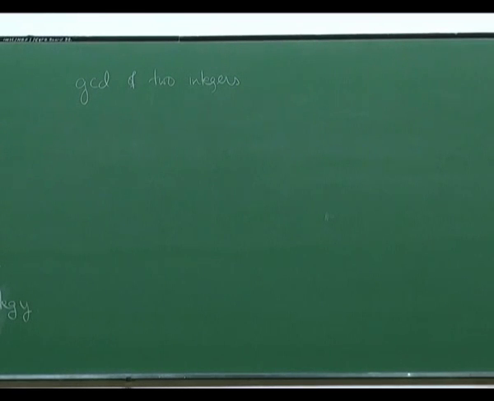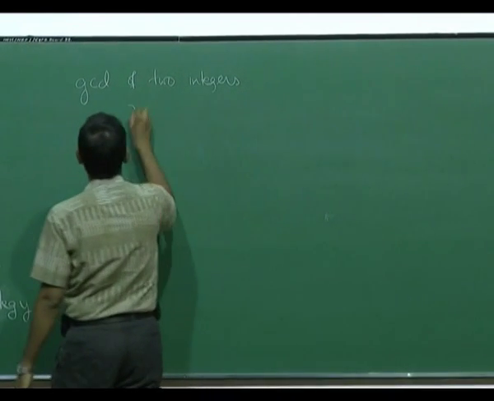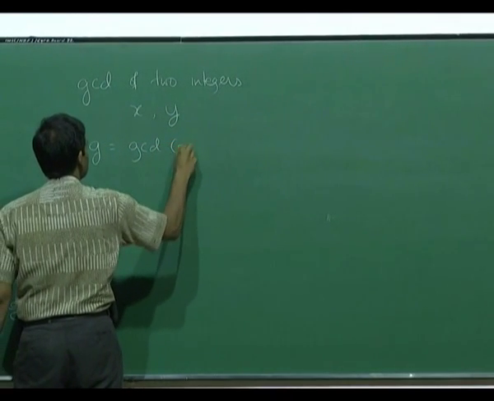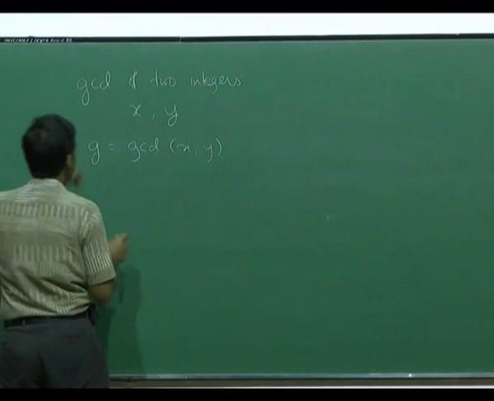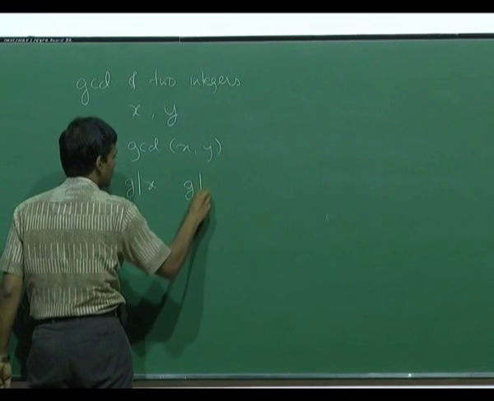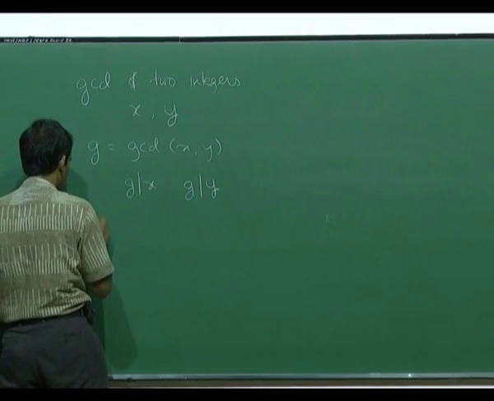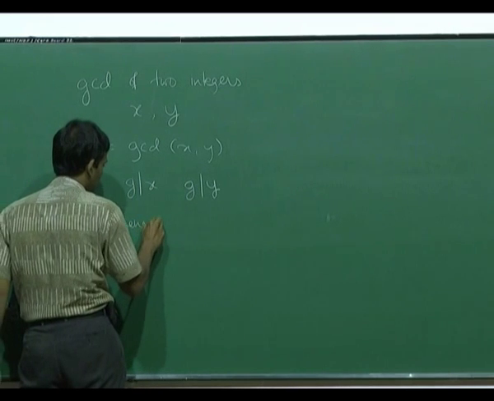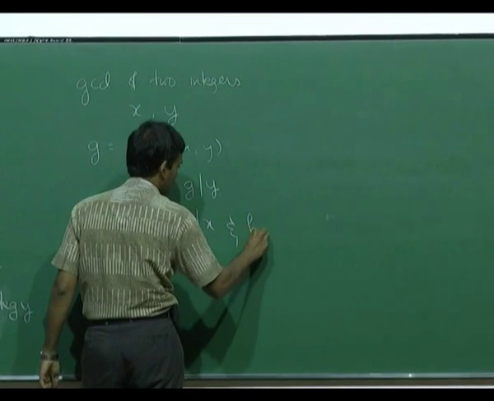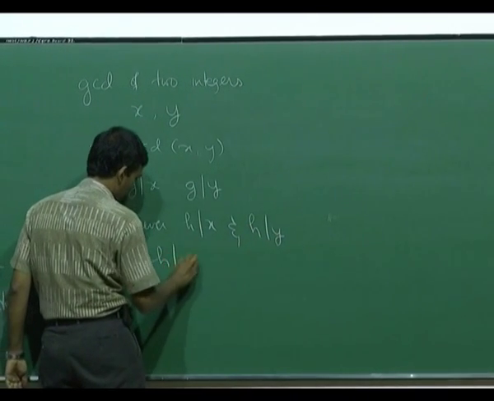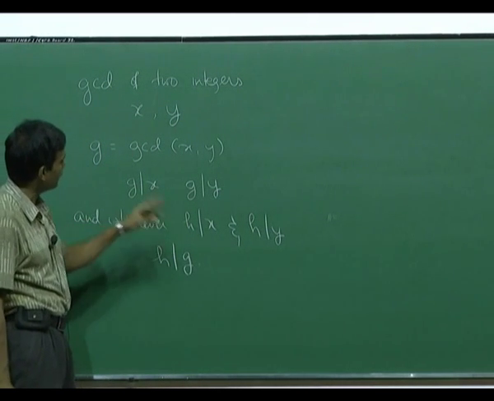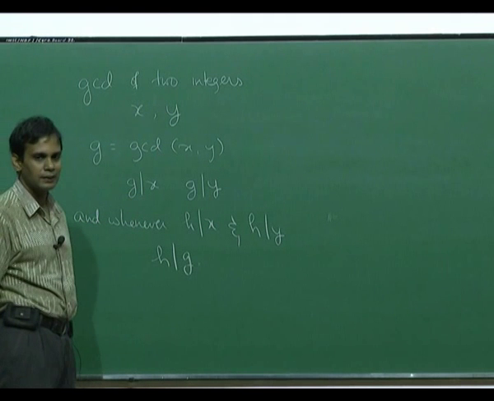So if you have two integers x and y, then let us say g is the GCD of x and y. One way of thinking about it is: g divides x, g divides y, and whenever h divides x and h divides y, h also divides g. So if anything divides x and y, it must divide g, and g divides x and g divides y.